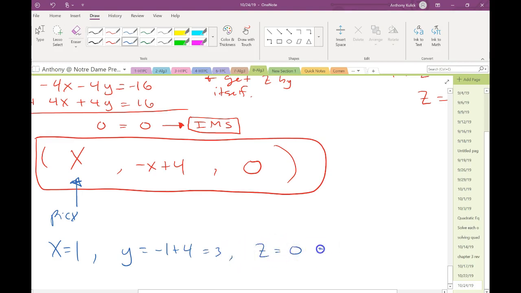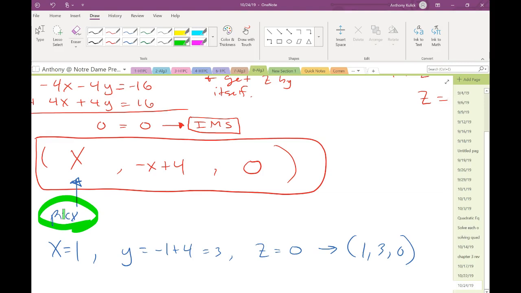So one solution of my infinitely many is the tuple 1, 3, 0. And because we have infinitely many choices that we can pick for x, we're going to get infinitely many tuples, right?